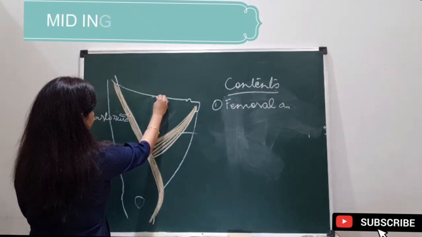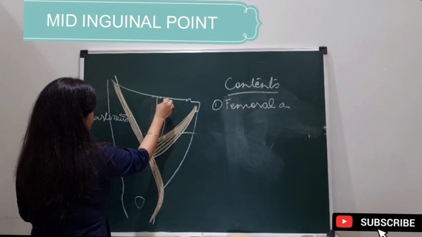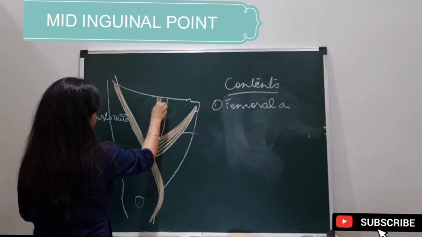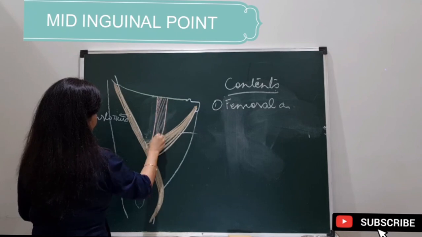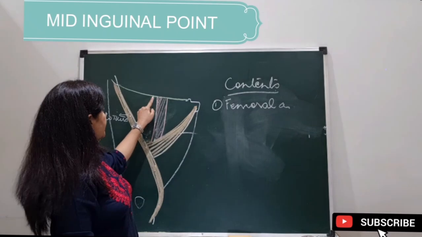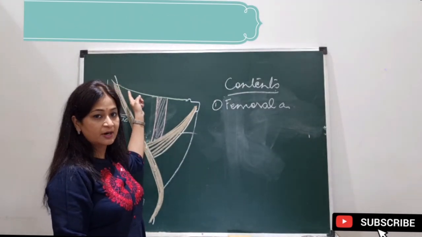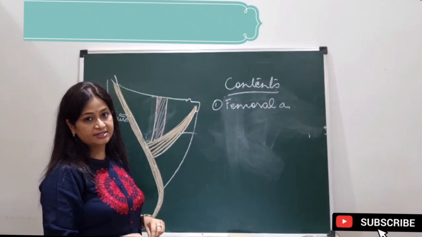Now the mid-inguinal point, this is the femoral artery. And the mid-inguinal point lies midway between the anterior superior iliac spine and the pubic symphysis.